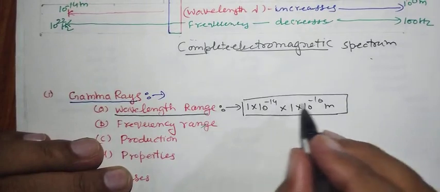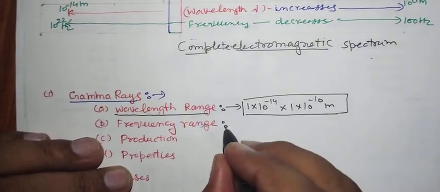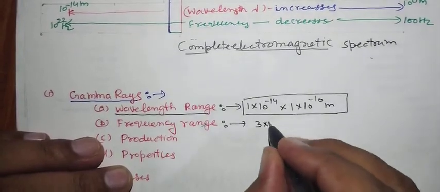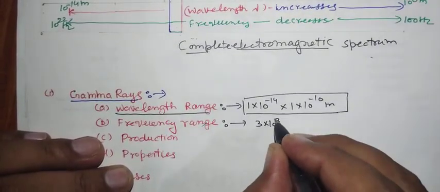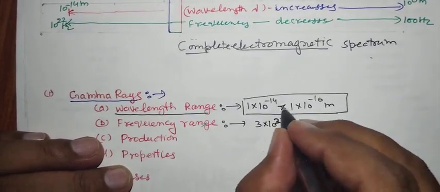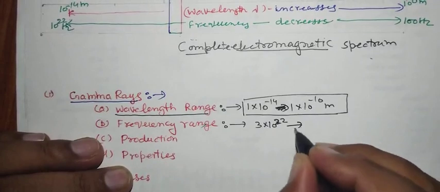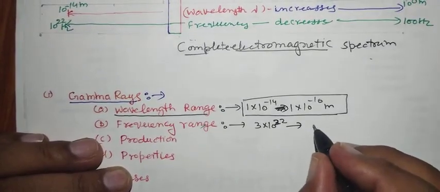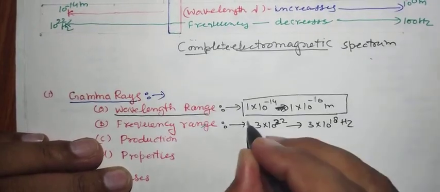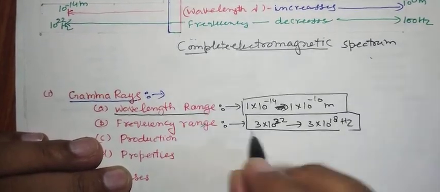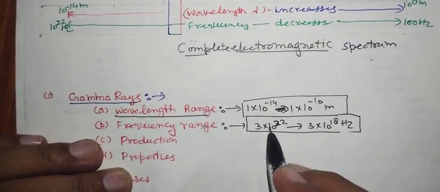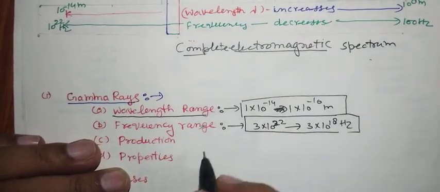So wavelength increases, whereas its frequency range is 3 into 10 to the power 22 hertz to 3 into 10 to the power 18 hertz. So moving from left to right, the wavelength range increases while frequency decreases.